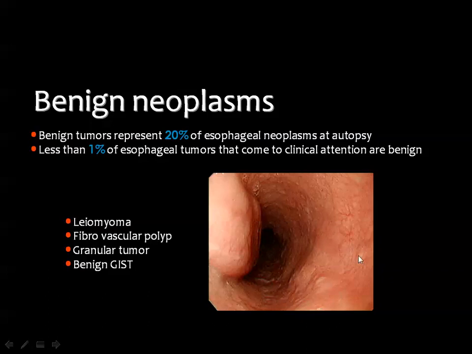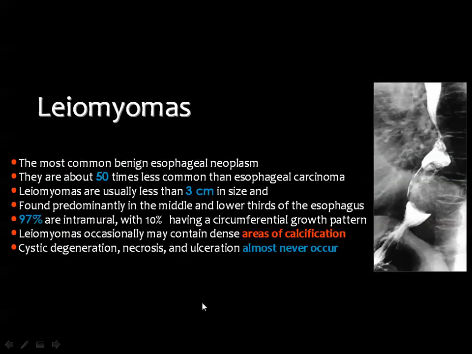Benign neoplasms represent about 20% of esophageal tumors at autopsy, while 1% of these tumors come to clinical attention, and they include, as I have said, these types of tumor. The most common one is leiomyoma.